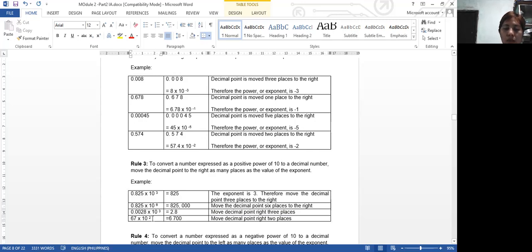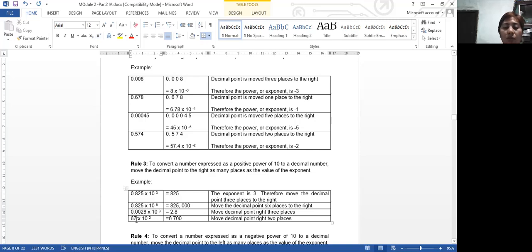Same with this example. Since it's 10 cubed, you just have to add another 2 zeros. So 67, assuming that the decimal point is here, because this is a whole number.